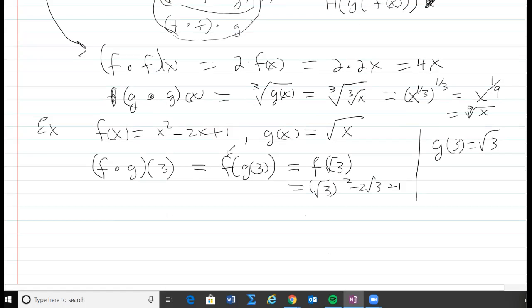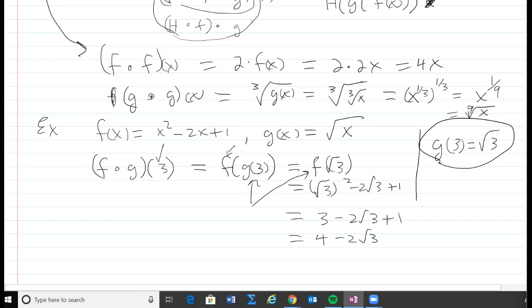So simplify as much as you can, and that's the end. So we're able to do that in stages. You compute this first, and then you find that. You find this first, and then you put that into the other function here. Compute that. So that's how we handle it.